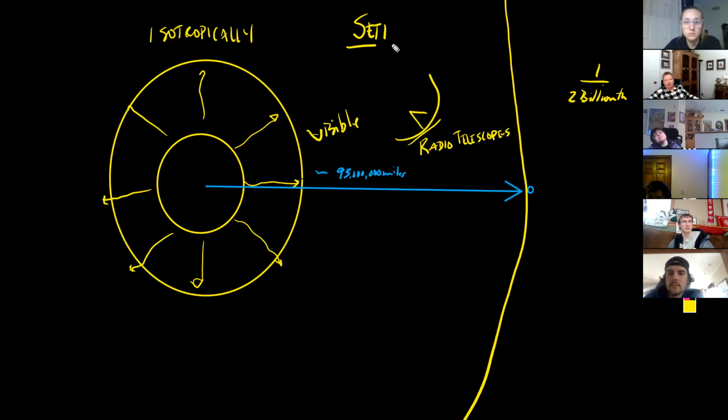SETI. Has anybody ever heard this term? Erin, do you know what SETI stands for? She seems like she knows what that is. Yeah, she does. She's spelling it. Search. Okay, you got the first word right, Erin. SETI stands for the Search for Extraterrestrial Intelligence.